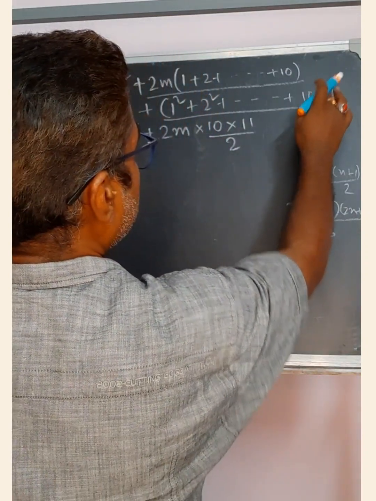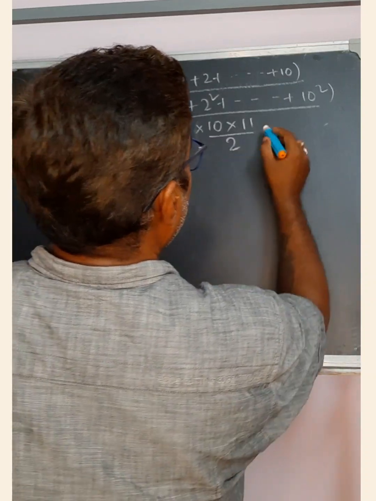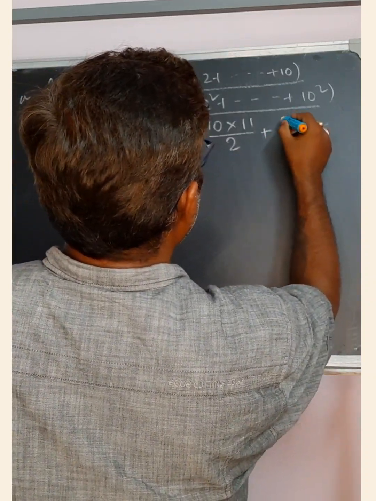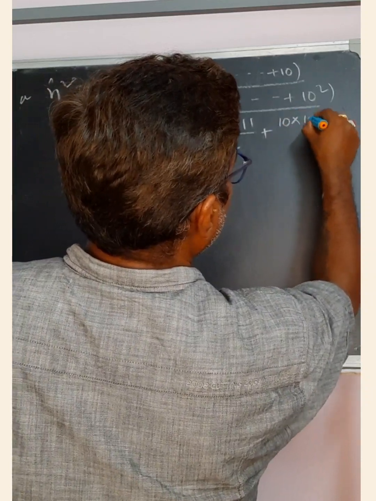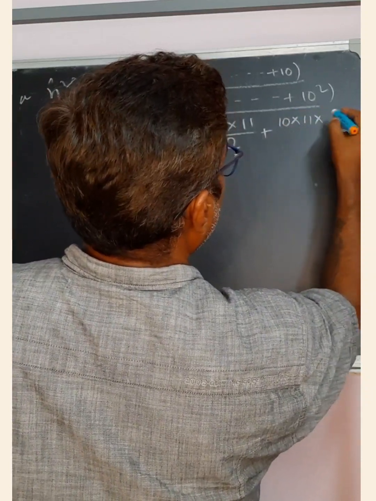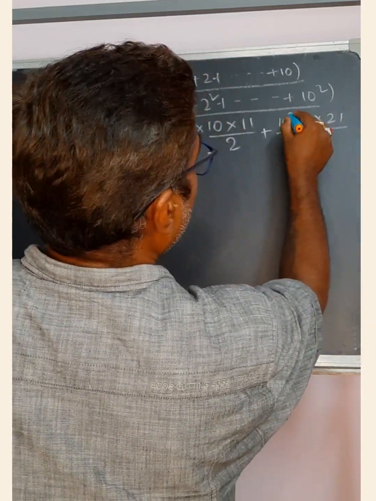The number of terms is 10. So it will be equal to 10 into 10 plus 1, that is 11, into 2n plus 1, that is 21, by 6. So now I will reduce it.